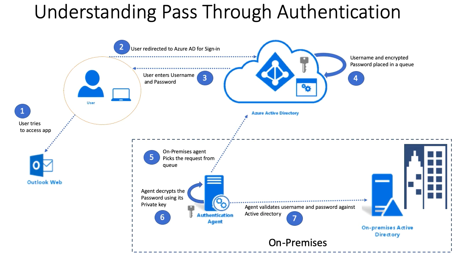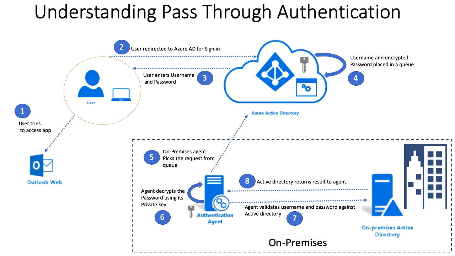Once on-premises Active Directory validates the user account, it will send back the response to the authentication agent. The response could be success or failure, or the password is expired, or the account is locked out. All these statuses will be returned back to the authentication agent from Active Directory.